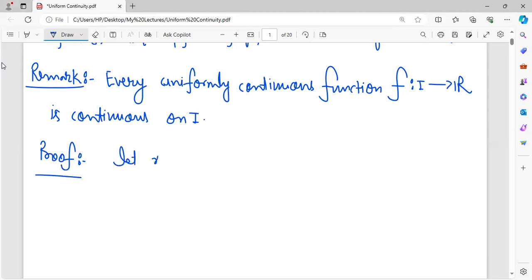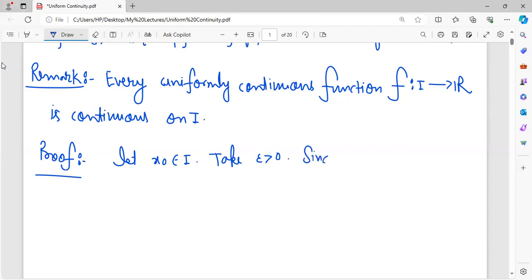Take a point x naught in I. I want to show that f is continuous on I, so I pick a single point and take epsilon greater than 0.